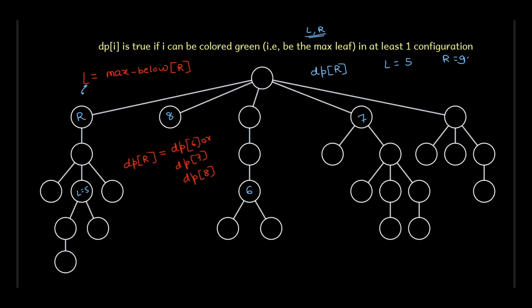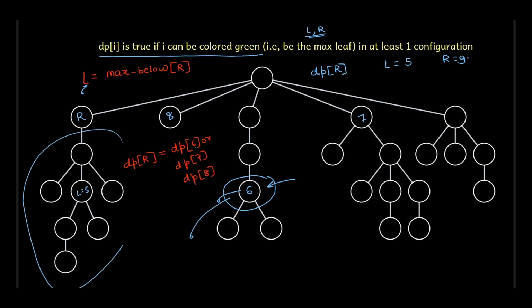What does dp of 6 represent? Look at your dp definition. dp of 6 means there is a configuration in which 6 is the maximal leaf standing, that is, 6 is the maximum exposed leaf. So using this 6 as your pivot, you can clear out this entire subtree.